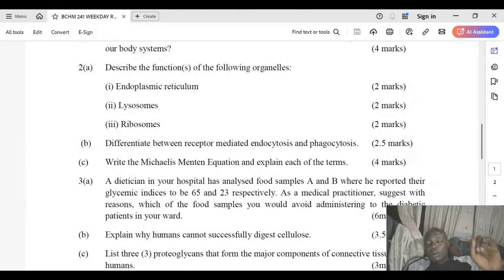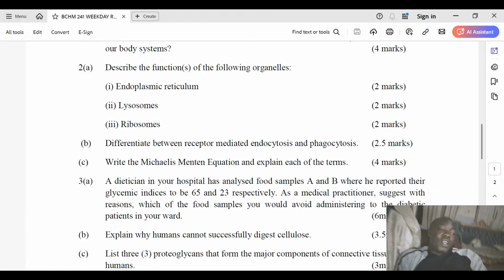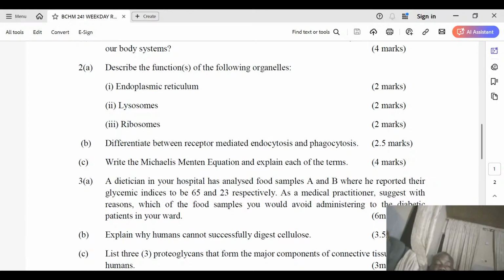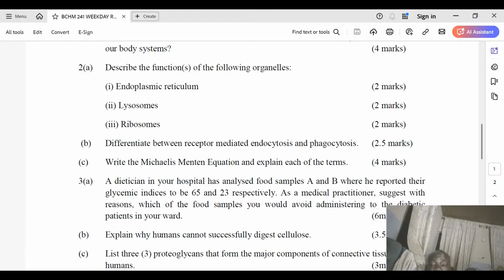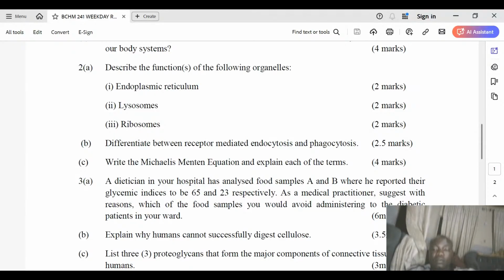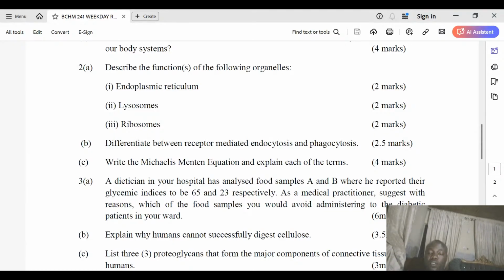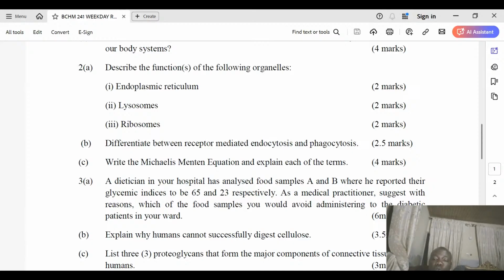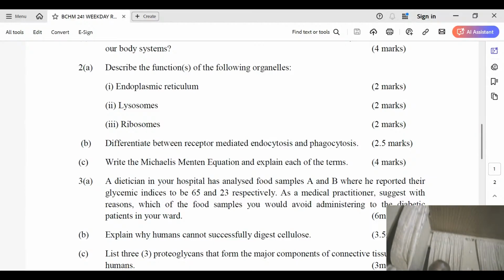So what is the name of the enzyme? Because humans don't have the enzyme that can digest it. So what is the name of the enzyme?